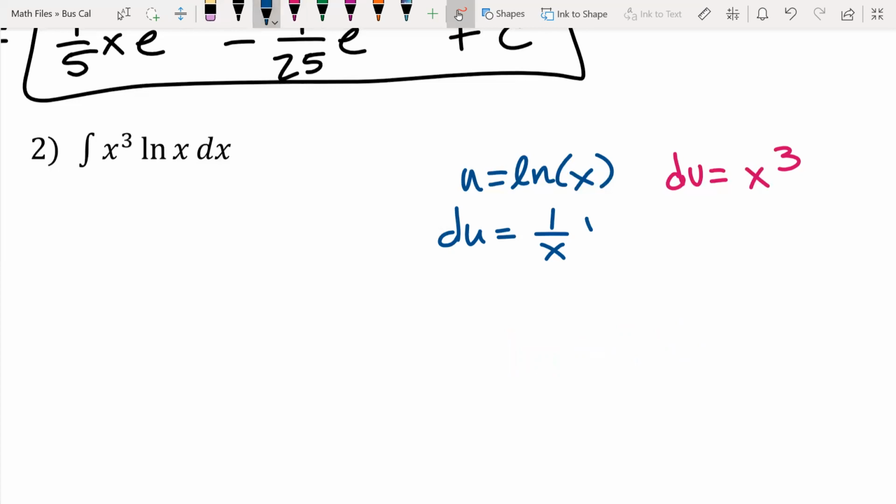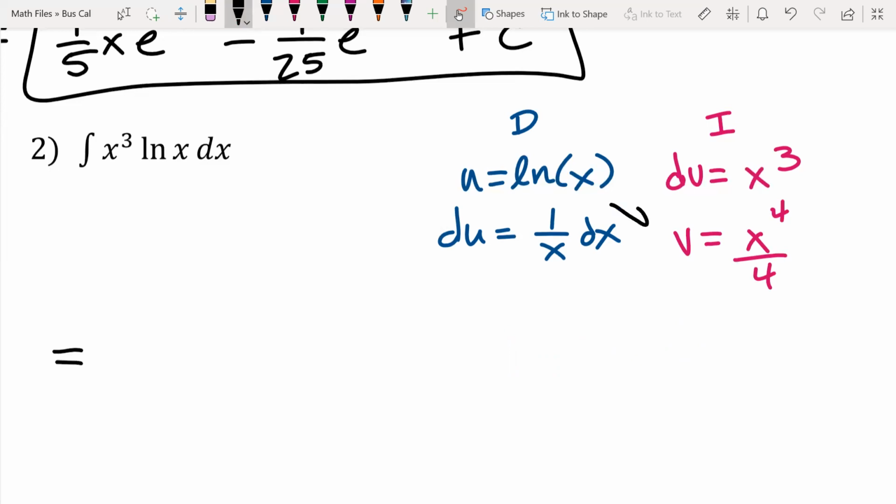Okay, so there's that. du equals 1 over x dx, and then the antiderivative. So remember that this is derivative, this is integrate, and then the antiderivative of x cubed is x to the 4th over 4. And now let's follow our integration by parts.